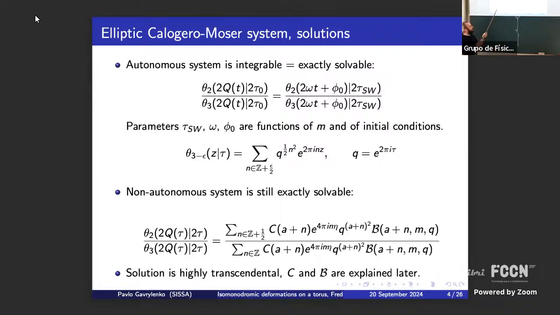So the solution is written like this. This ratio of theta functions of coordinates equals the ratio of theta functions with a different period, depending on some point on a torus, which moves linearly. If you solve this equation for Q of t, then it's a solution of the autonomous Calogero system.